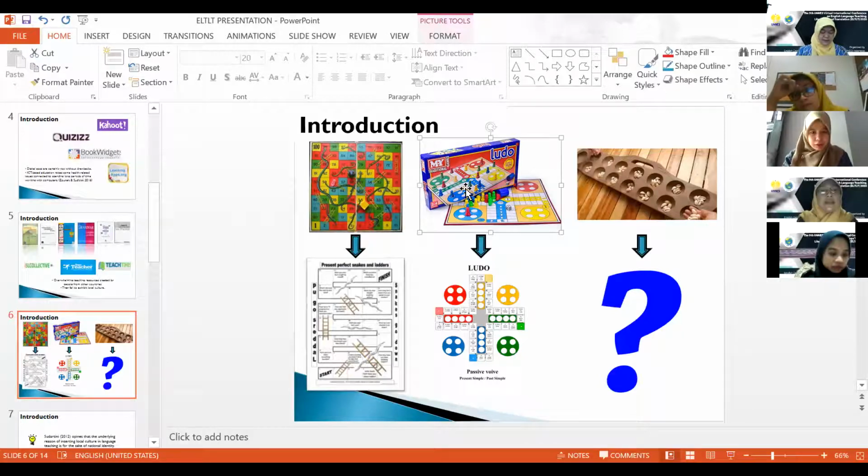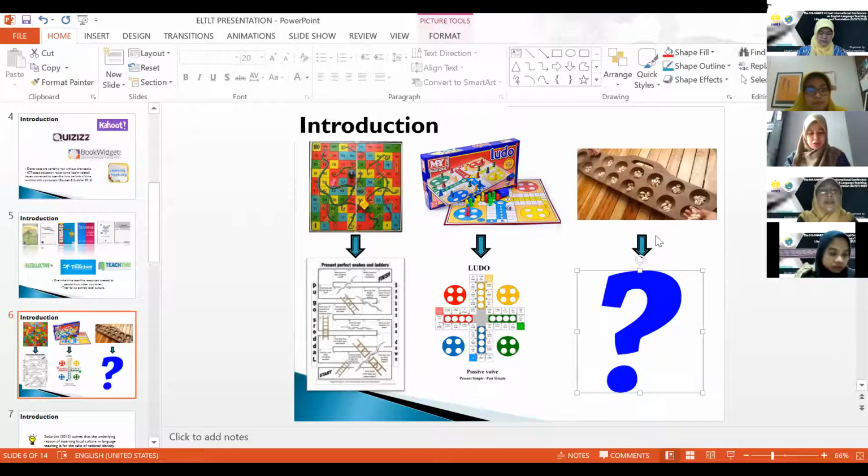Somehow they are able to adapt this kind of game in such a way that it helps facilitate the English teaching and learning process. So if they can be adapted as teaching media in teaching and learning English, I think we can do the same thing with our own traditional games like Congklak, for example.